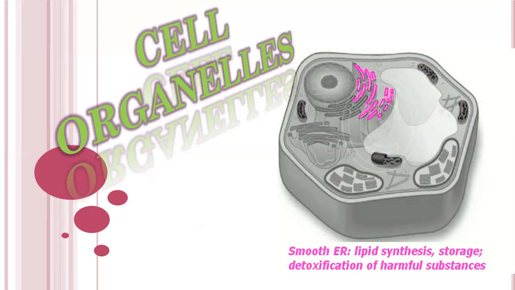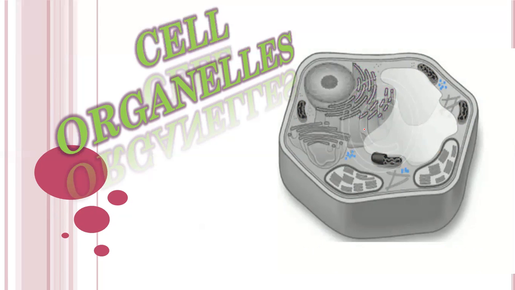There is smooth endoplasmic reticulum, which does lipid synthesis. There are small vesicles which transport proteins and other materials. These are Golgi complexes, and they process the products of the endoplasmic reticulum. Then we have rough endoplasmic reticulum, with small dot-like structures.